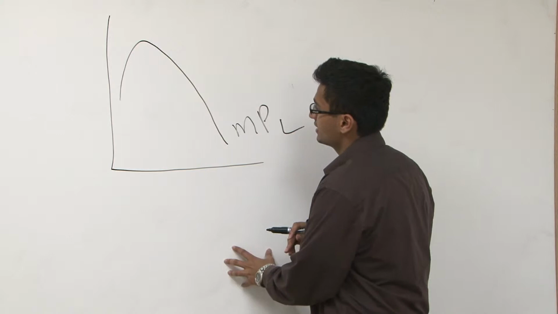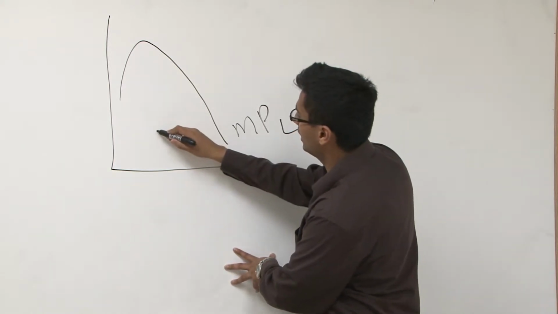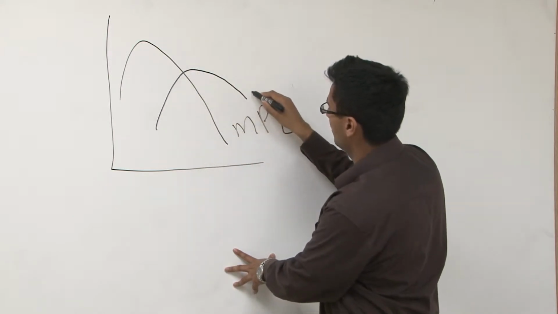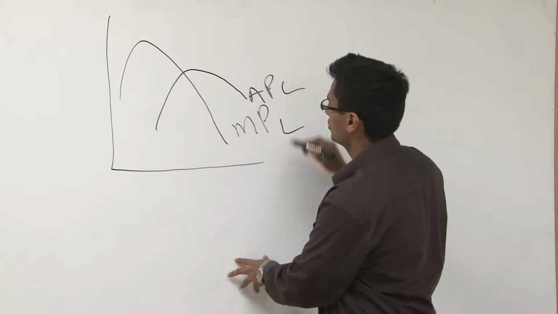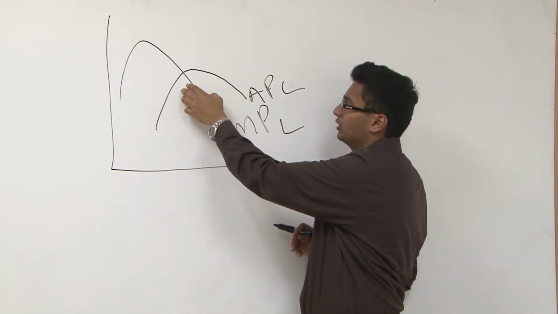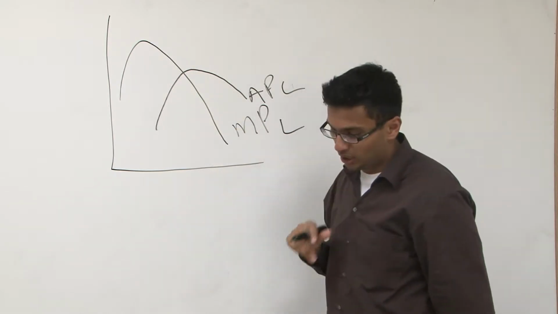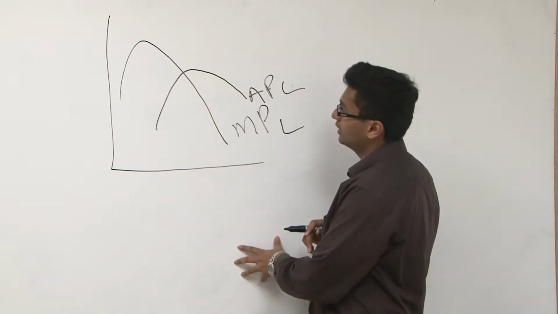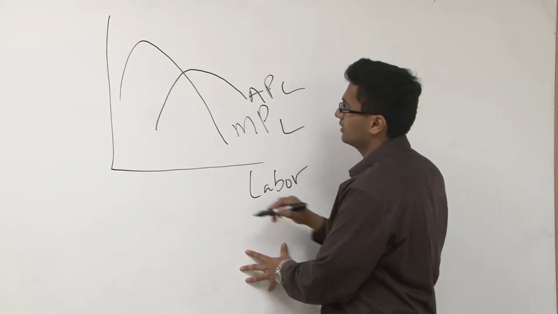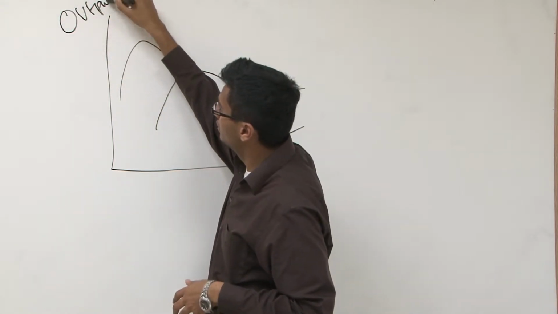Its maximum is where it crosses MPL. So your average product of labor intersects MPL at its max. So, again, what are the X and Y axes? This is labor, and this is output.